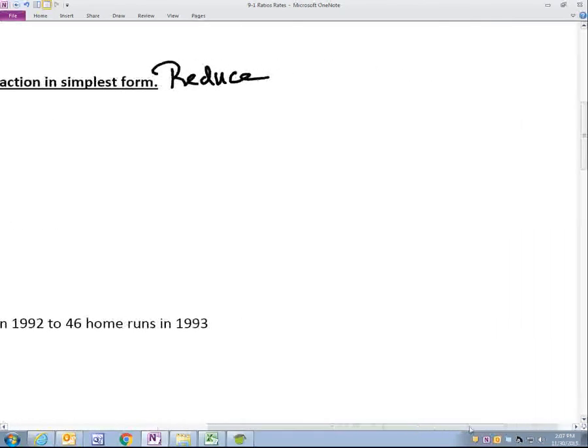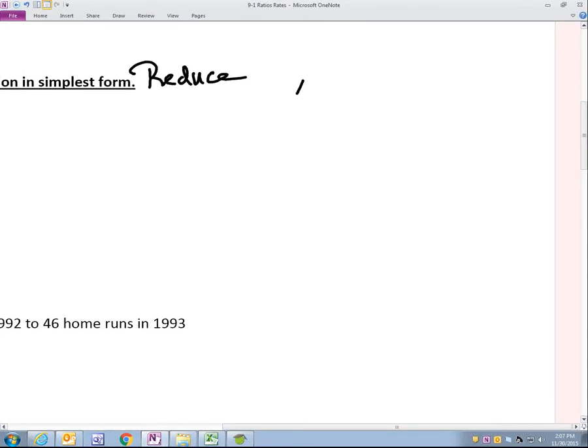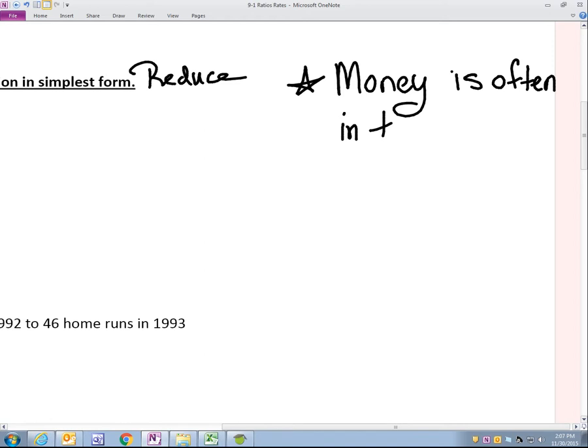Now, before we get going, there's a couple of points I want to add. I'm going to put a star here and say money is often in the numerator.